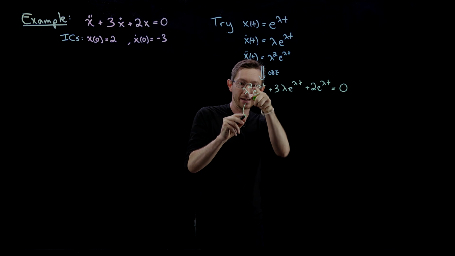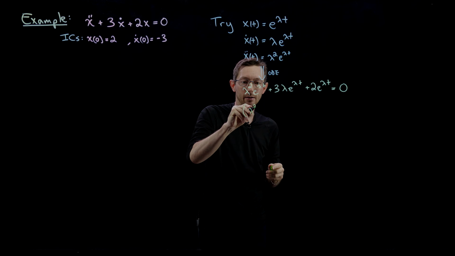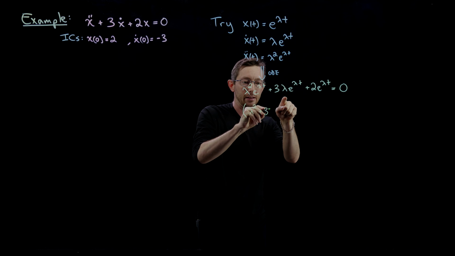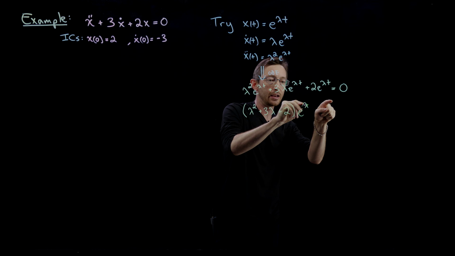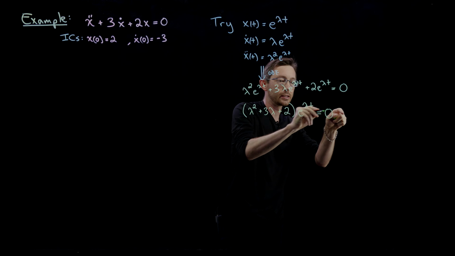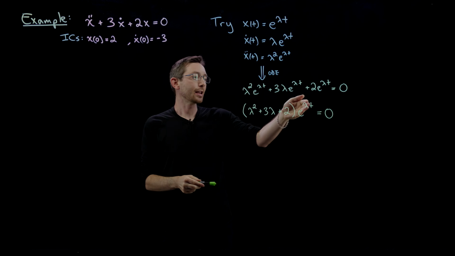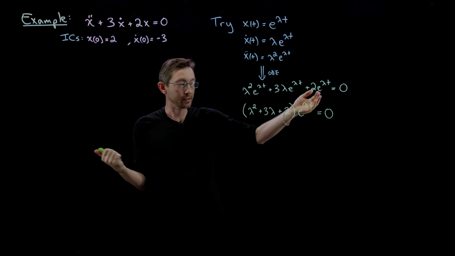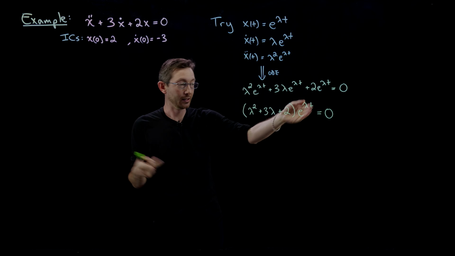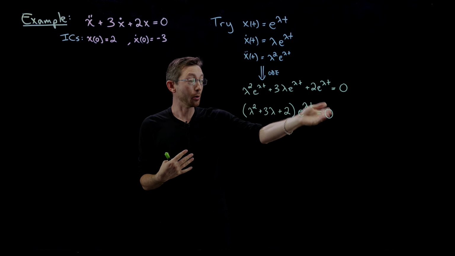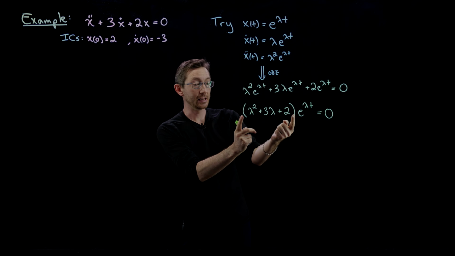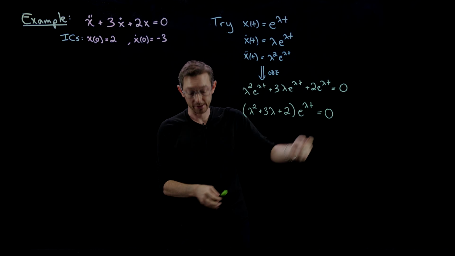And so I get just my stuff with lambdas, lambda squared plus 3 lambda plus 2, times e to the lambda t equals 0. Now, e to the lambda t essentially never equals 0, except when lambda t is negative infinity, so this is basically not going to happen. So the only way that this expression can equal 0 for all time is if this polynomial in lambda equals 0.